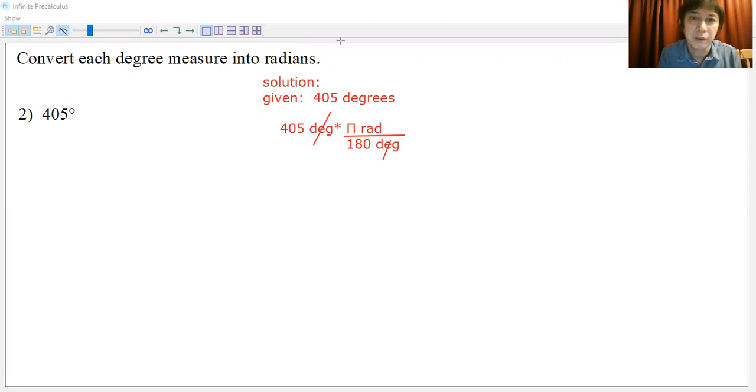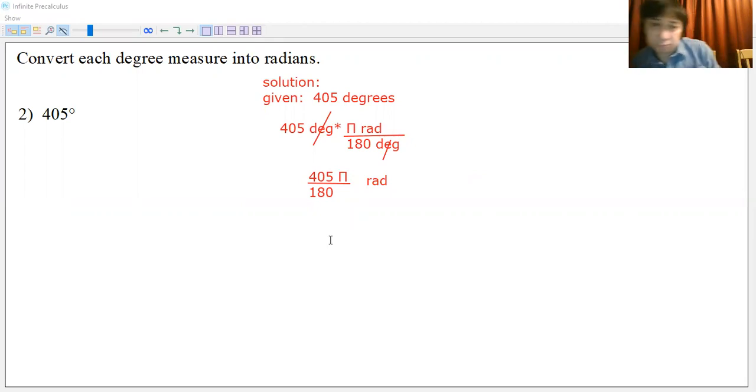So this will now be equal to 405 times pi over 180, and this is now in radians after we simplify the fraction. The unit of this is radians. So 405 pi over 180.